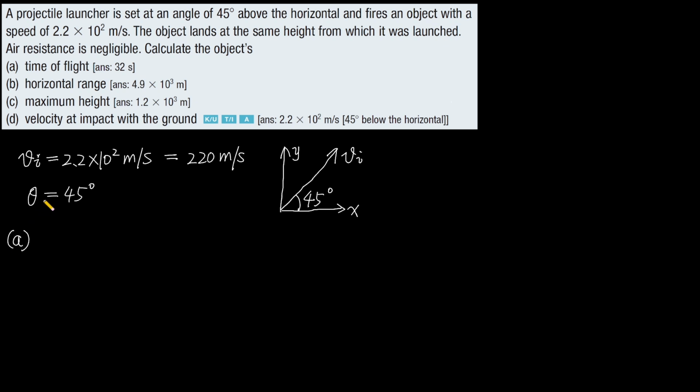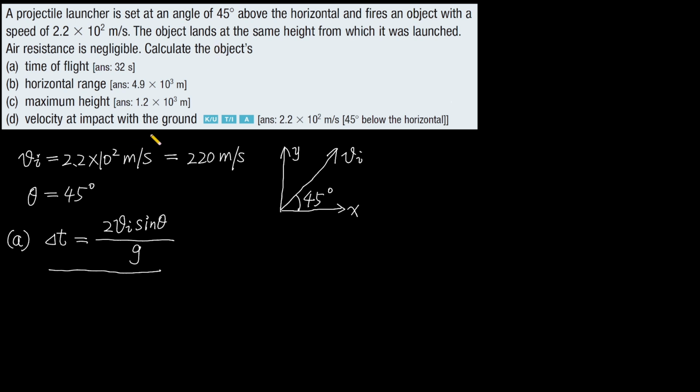In the previous video, we have analyzed such a situation, and we know that the time of flight, the time interval, just equals 2 multiplied by the initial velocity multiplied by sine theta divided by acceleration g. This is the formula for the time of flight, but this formula is just for the situation that its starting point is at the same height as its ending point.